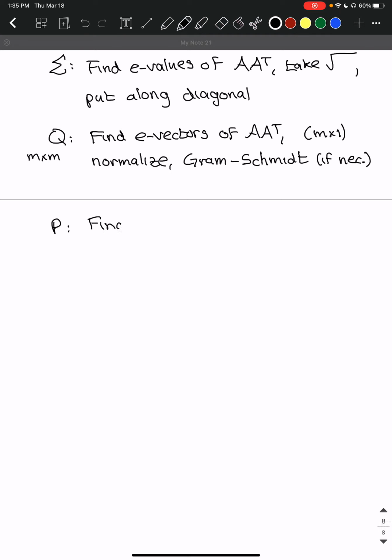This is in the notes. You're going to find the column vectors of Q transpose A. Okay, so Q transpose is M by M, A is M by N, and so this matrix here is going to be M by N. So its column vectors are N by 1 vectors.